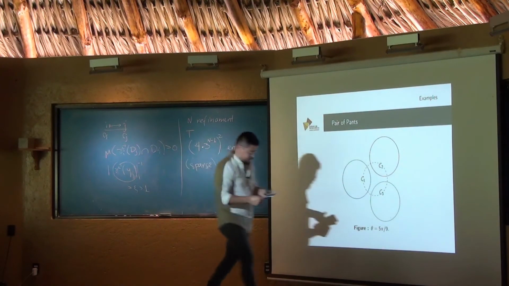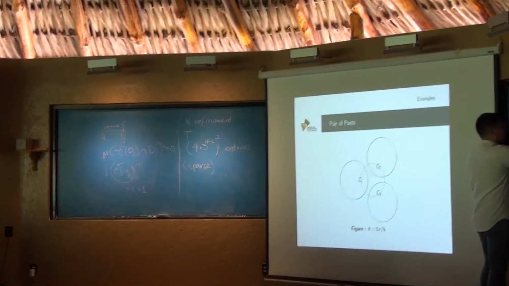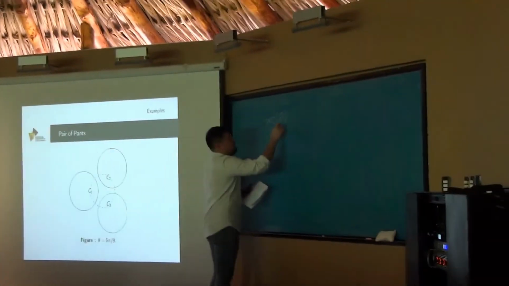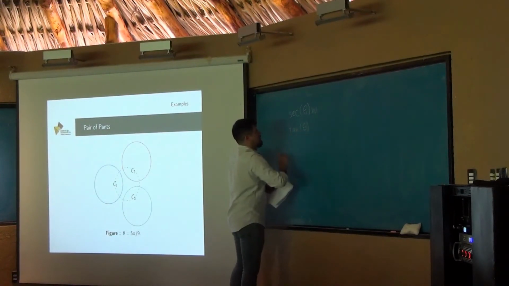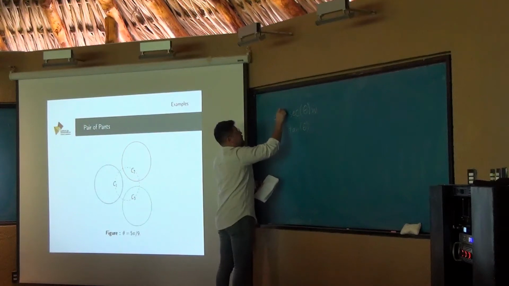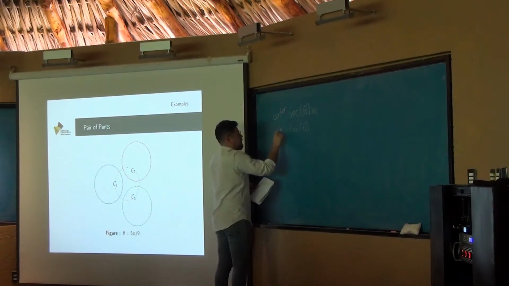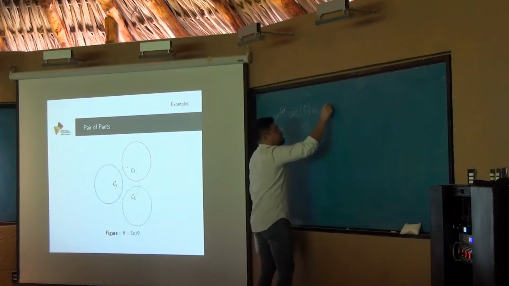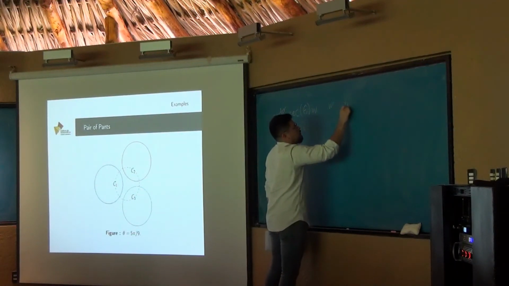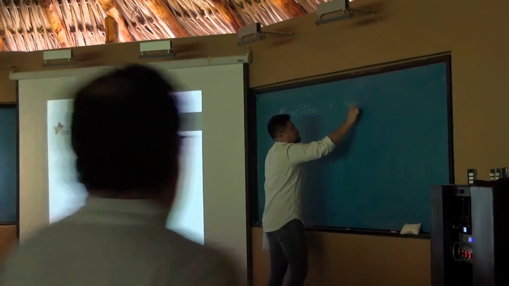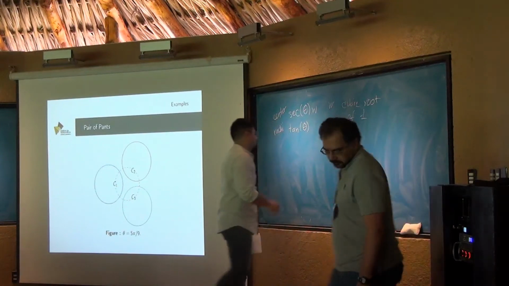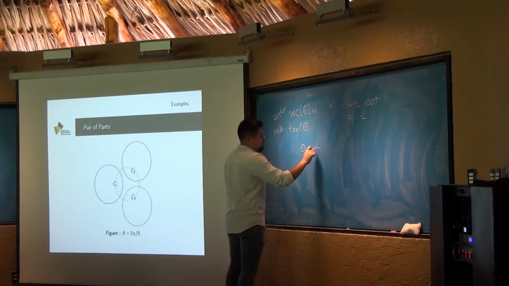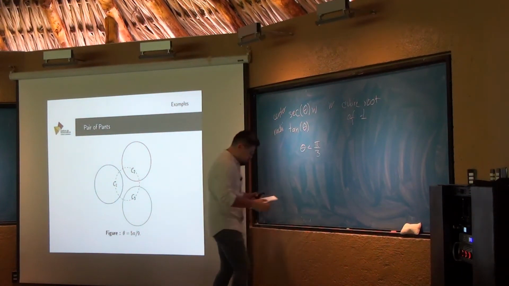This is the center, and this is the radius. W is a cubic root of minus 1. And theta has to be lower than pi/3.